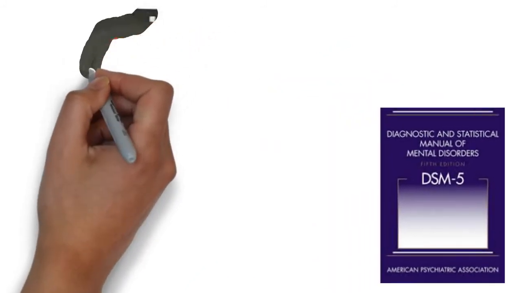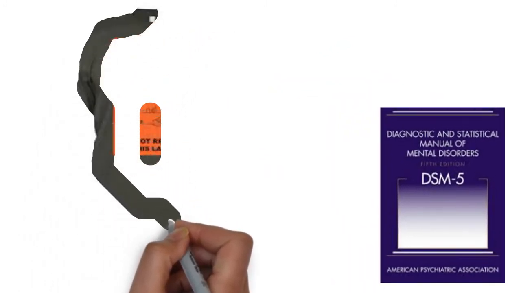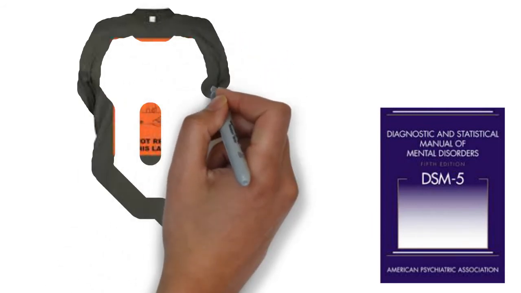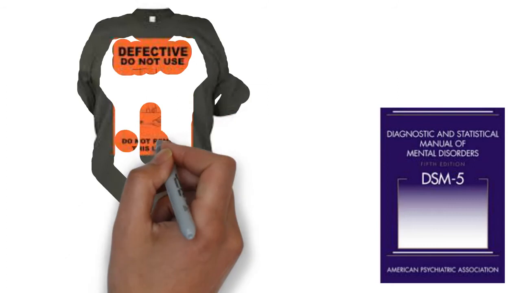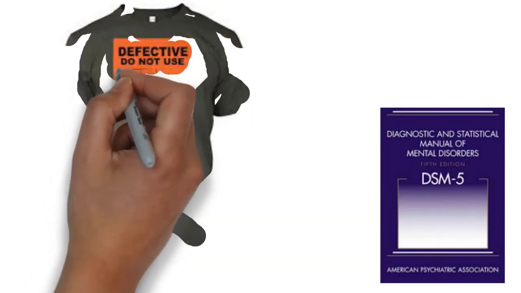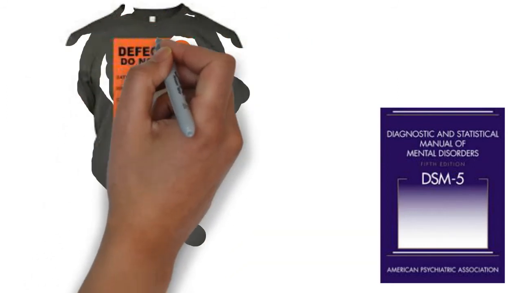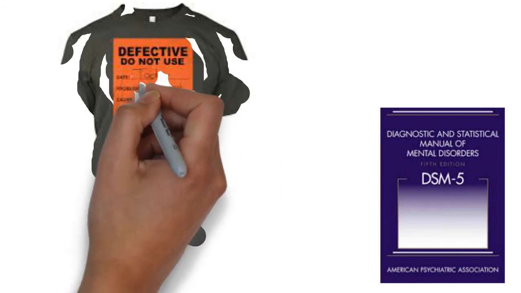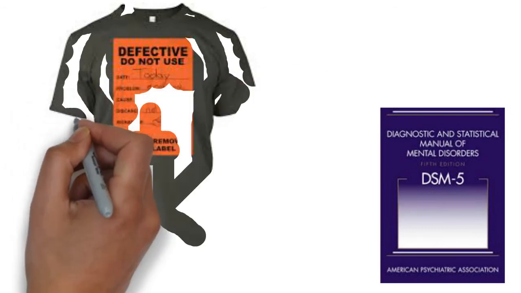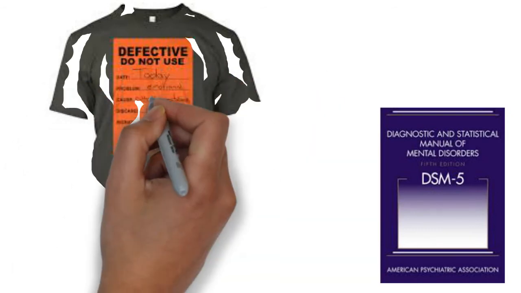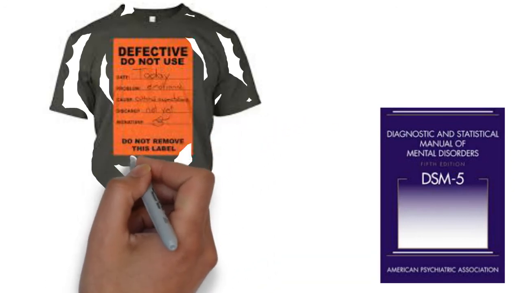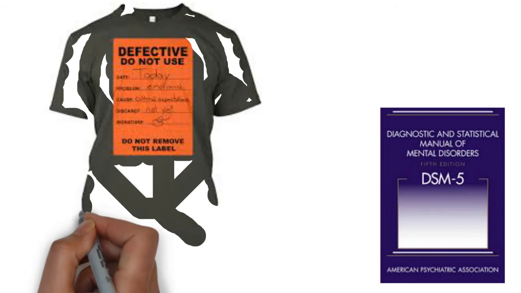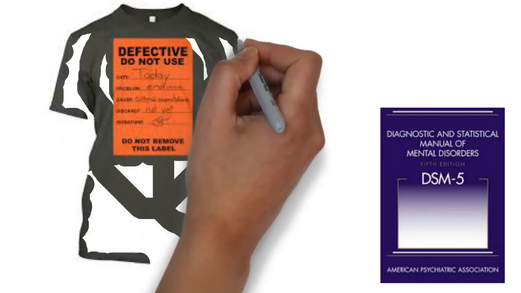So we take that set of symptoms that the person has shown or reports and compare that to an existing list of criteria in the DSM and make a judgment.